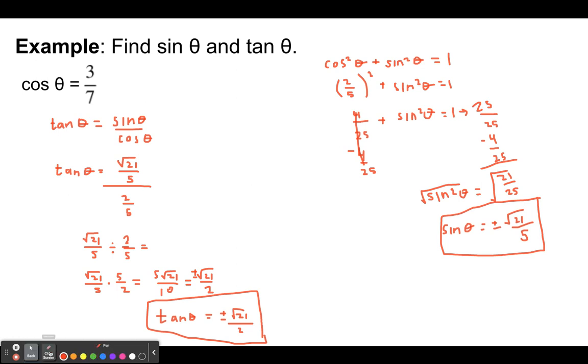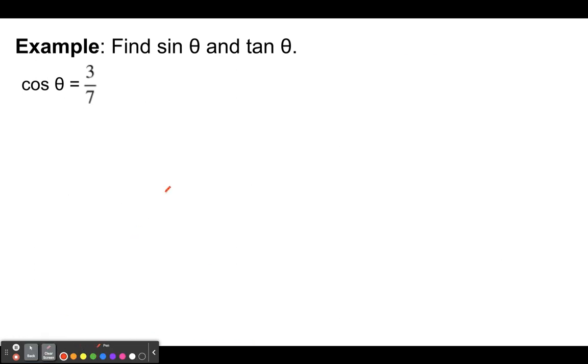Next problem. And let me go ahead and clear the screen from the last one. So now again, we're finding sine of theta and tangent of theta given that the cosine is 3/7. So again, using that trig identity of cosine squared theta plus sine squared theta is equal to 1. And we're given that cosine theta is equal to 3/7.